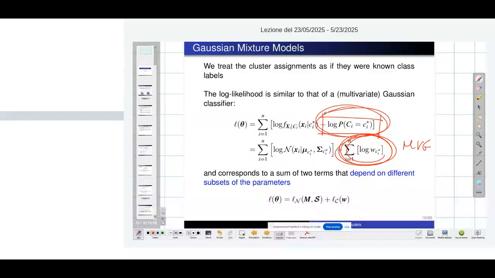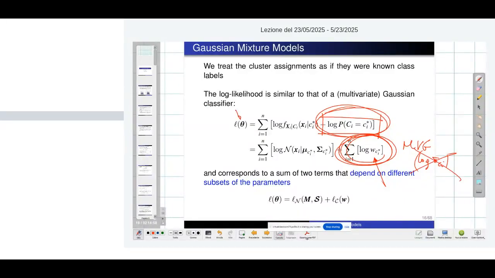So it will also define the probability that a point belongs to one of the clusters that the model will find. So in this case, this term is part of the things that we need to estimate. In the MVG, this would be the log probability of the class, but since it does not depend on the parameters, it was a constant with respect to our model.